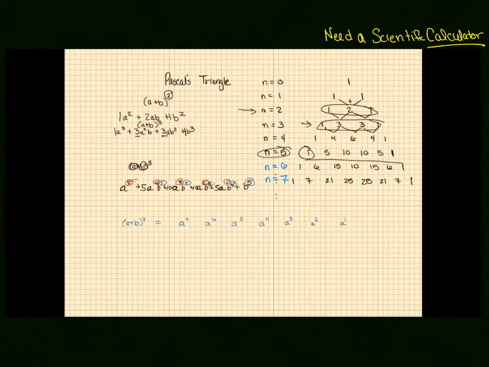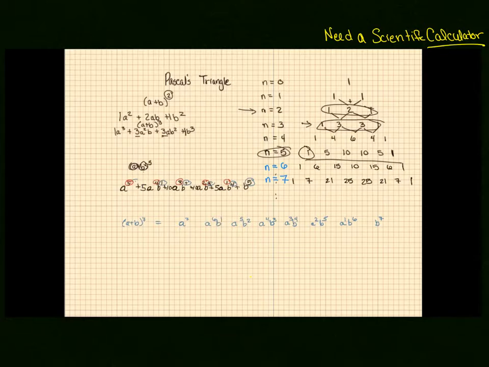And then I'm going to start with my b's on the right side. So b to the 7th, b to the 6th, b to the 5th, b to the 4th, b to the 3rd, b to the 2nd, b to the 1st, and then b to the 0.